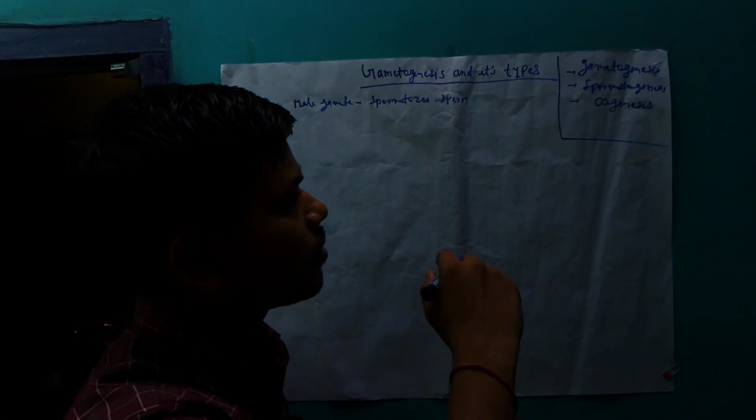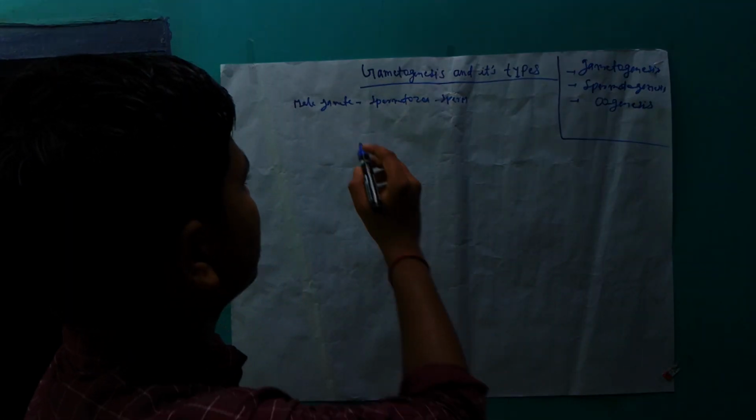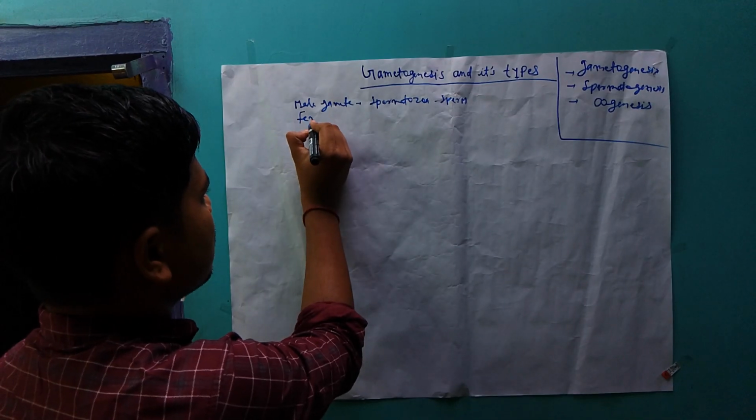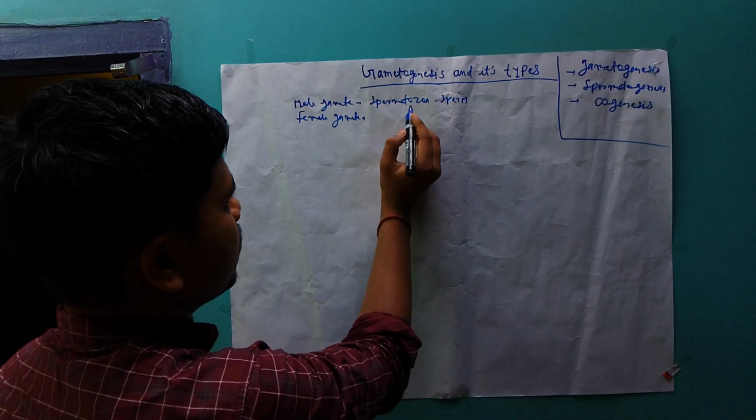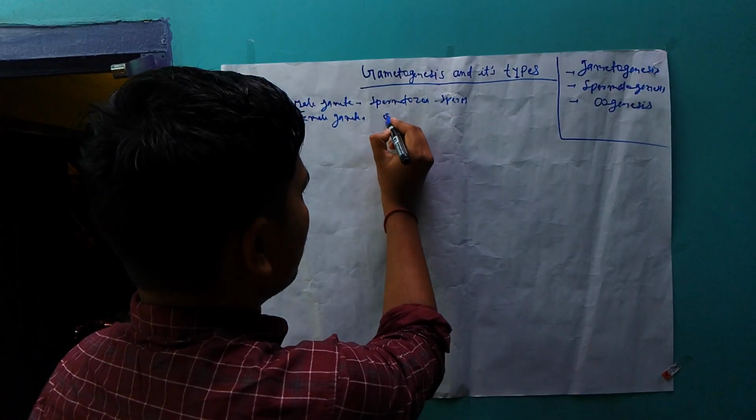Second is the female gamete, which is called ova or ovum.